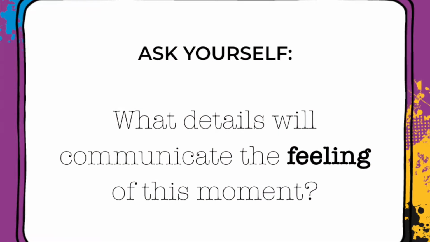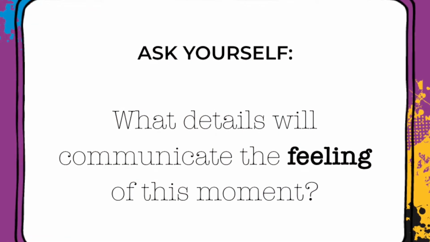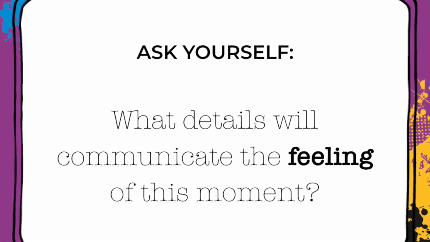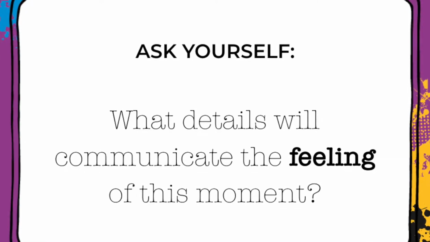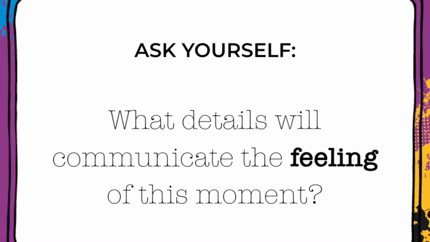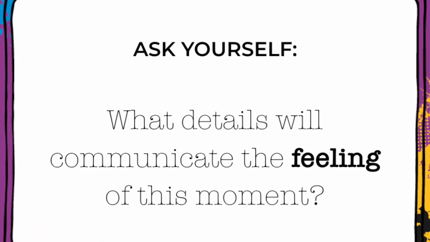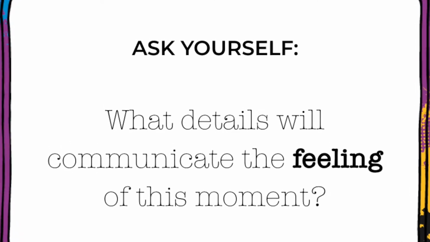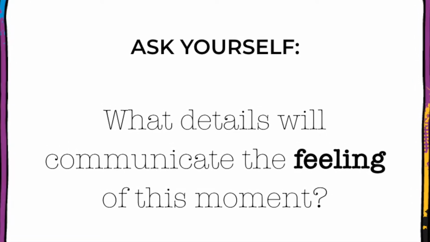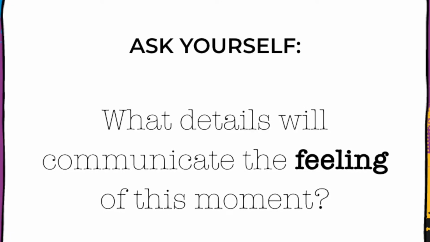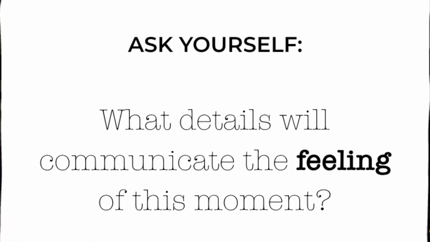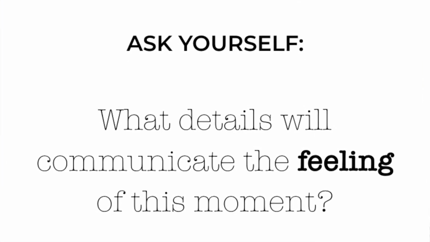So we should go back to a question that we've been asking a number of times through this whole series, which is, what is the effect that I want to make? If you want to create a feeling of warmth and comfort for your reader, then adding in the detail about grandma's chocolate chip cookies and the warmth from the oven, those details are going to bring the scene alive.